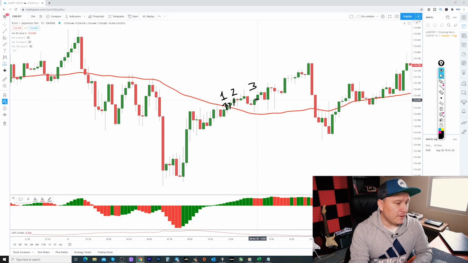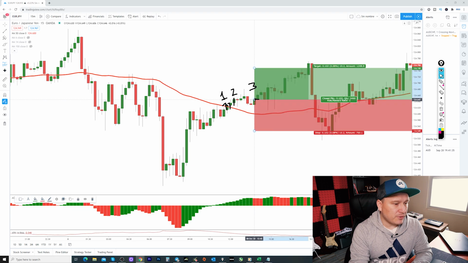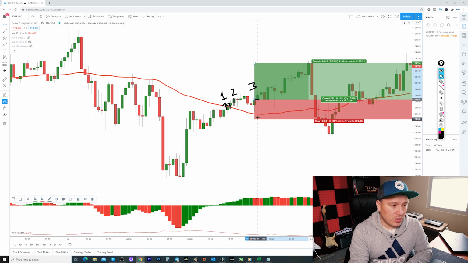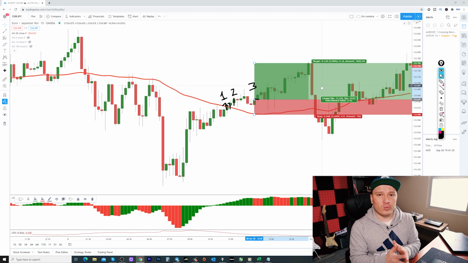But like I said, with 15-minute candles, it's completely different. Why? Because at the end of the day, you're not looking to make that much profit. If you notice in EUR/JPY, for instance, we're only looking at 11.8 pips, and you can set your stop loss a little bit below the area of the moving average, and you have a 2.41 risk reward.